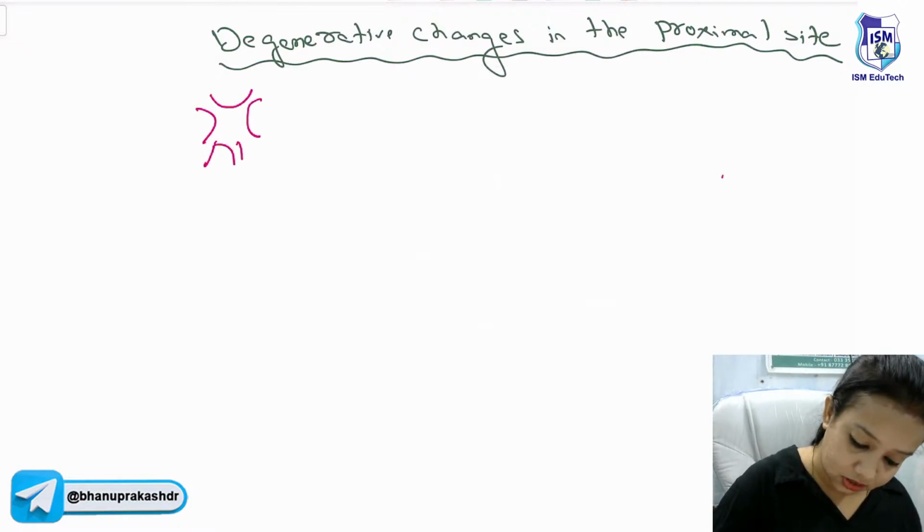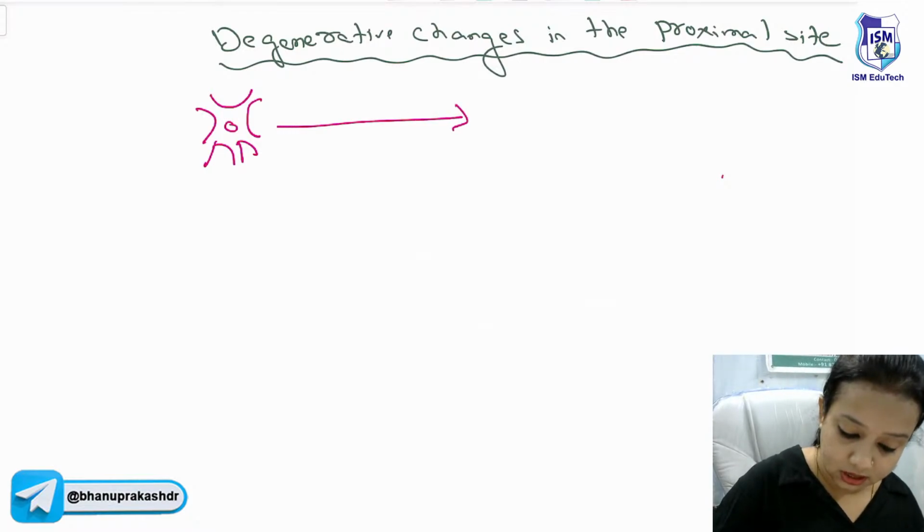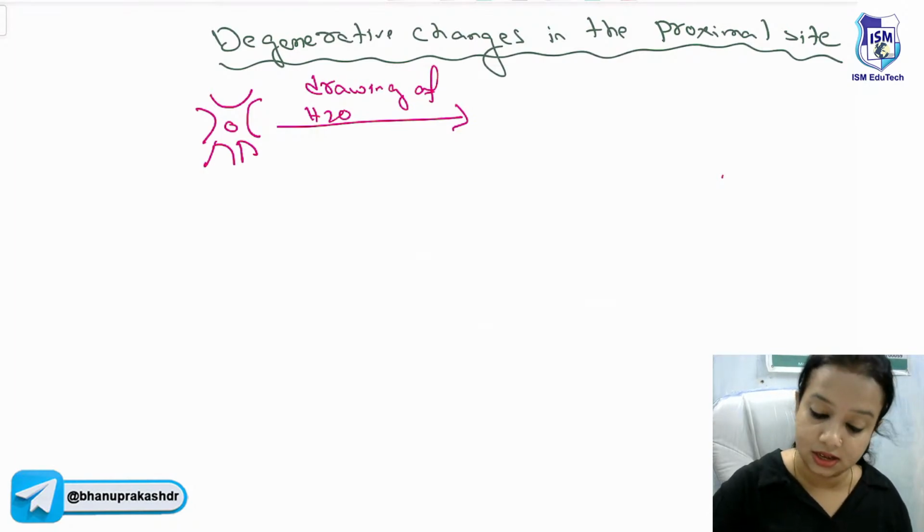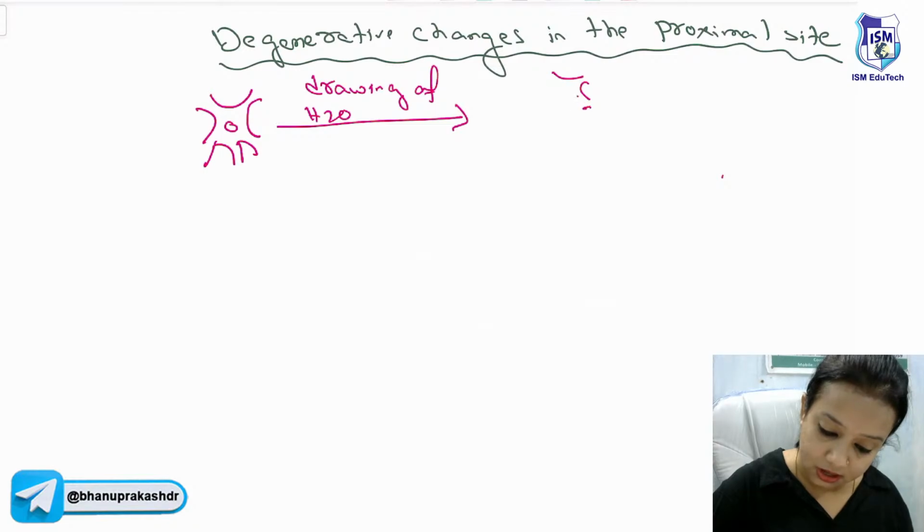say it was like this. Now, here there will be drawing of water, like more water will enter the cell body and it will swell up. It will become roundish and swell up a lot.